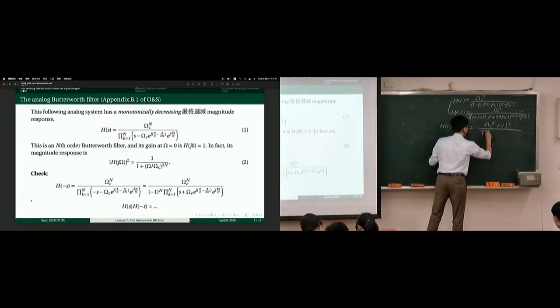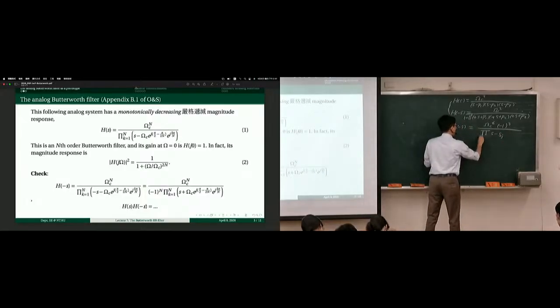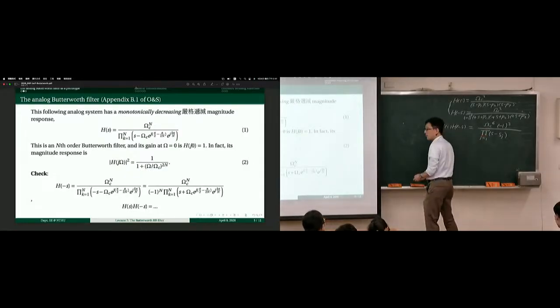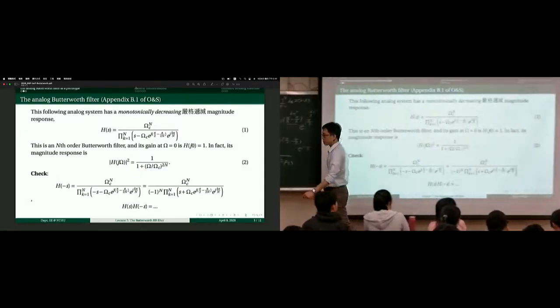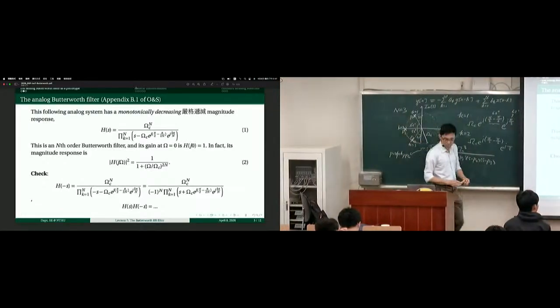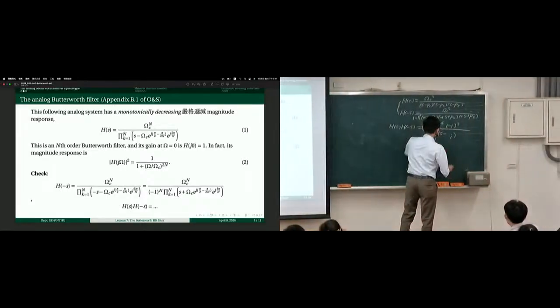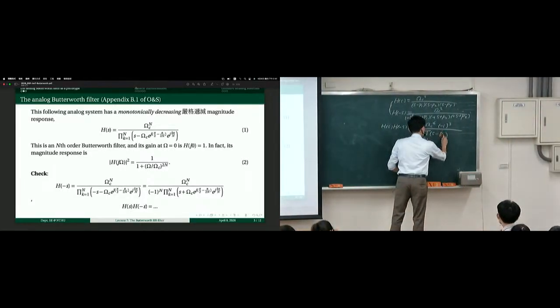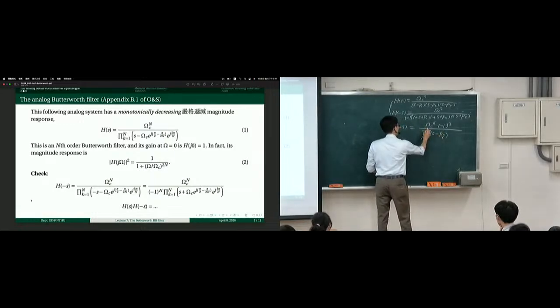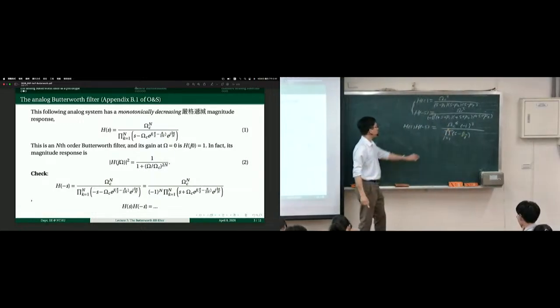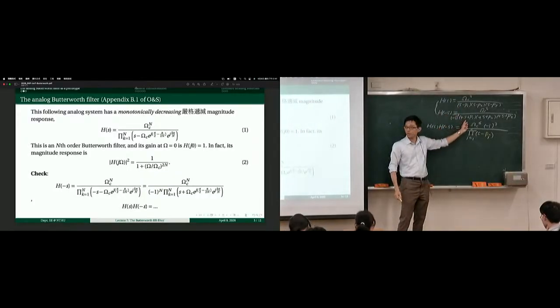But then, a product of (s - p_j), where j goes from 1 to 6. The idea is that we multiply two expressions, so now we have 6 poles, right?